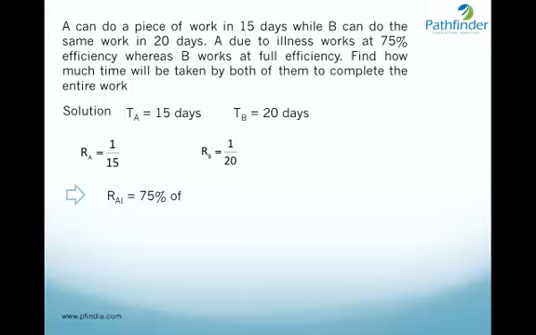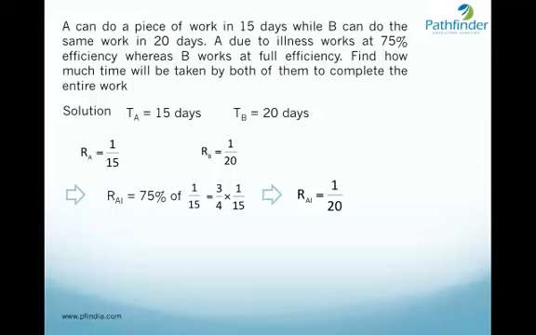Therefore, rate of A1 is given by 75% of 1 by 15, which is equal to 3 by 4 into 1 by 15. 75% when converted into fractions is 3 by 4 into 1 by 15, which yields the rate of A1 as 1 by 20.